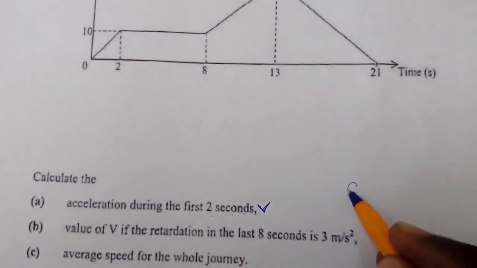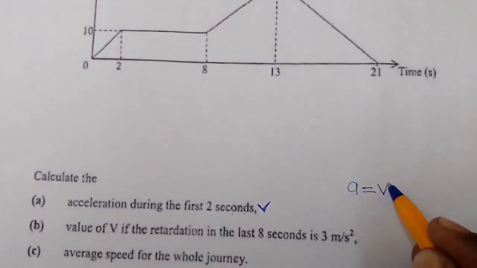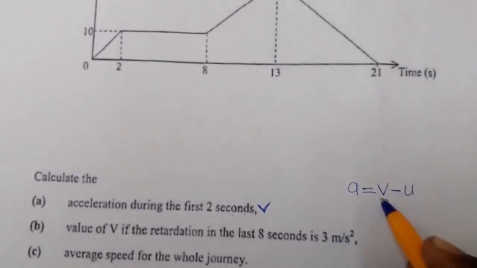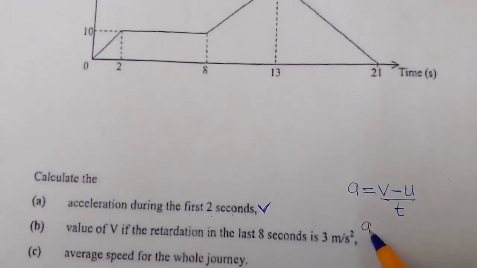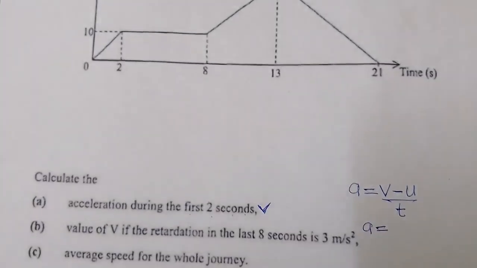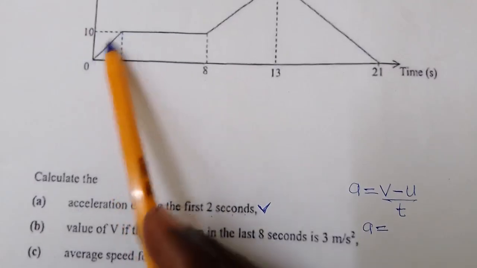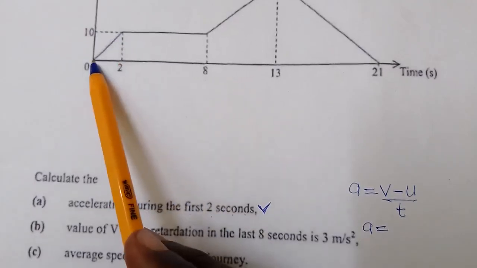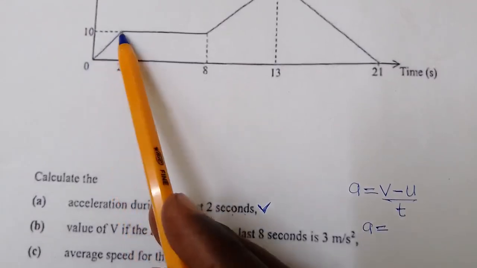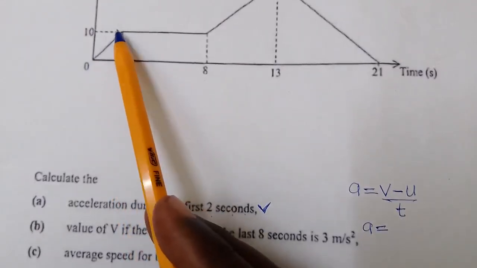You know the formula: acceleration is equal to final velocity minus initial velocity over time. During the first 2 seconds, it is here.